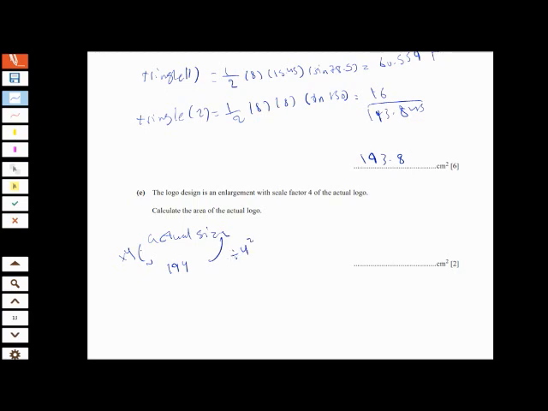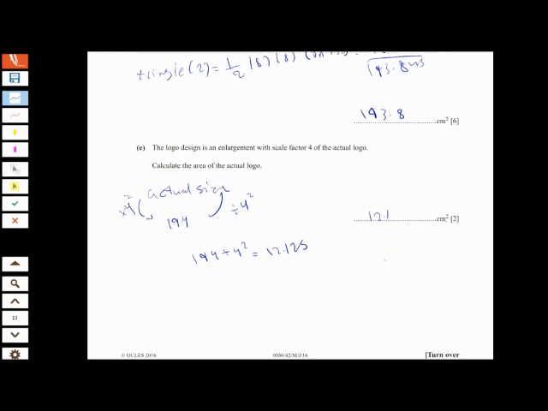But of course, it's divided by 4 squared. The scale factor is squared because the unit here, centimeter squared, is an area. Area is squared. Everything squared. So to find the actual size, it's 194 divided by 4 squared, and you'll get 12.125, which is 12.1.